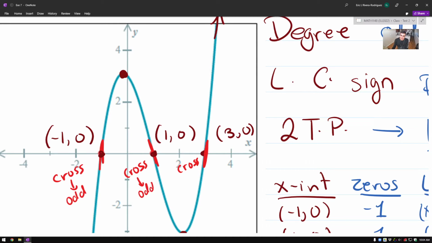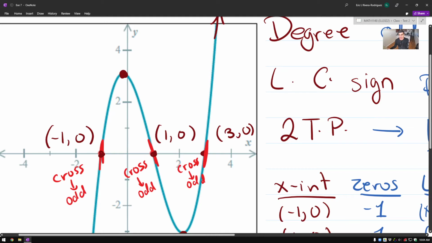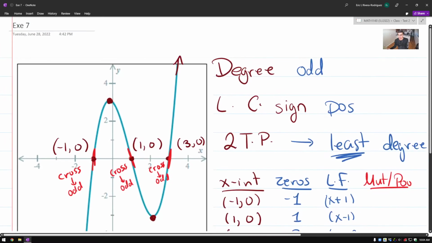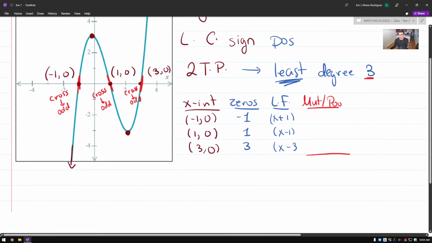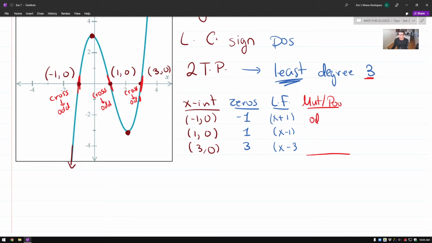Odd multiplicity and odd multiplicity. So yes, now we can use the value of 1, 1, and 1 for the power of each of our factors. Okay?